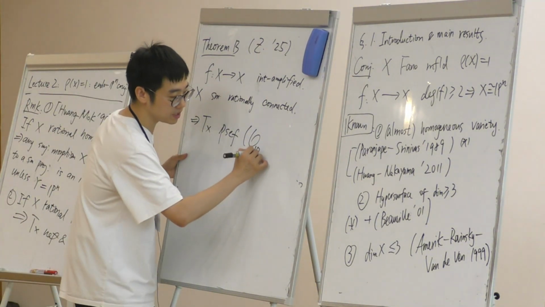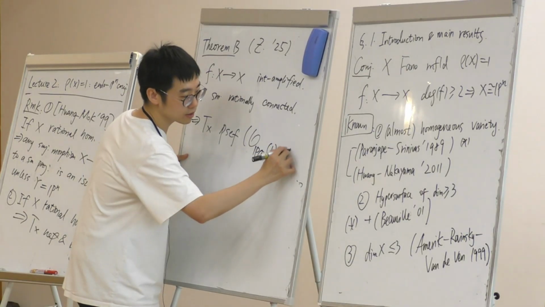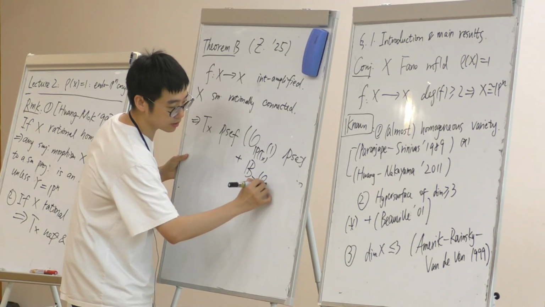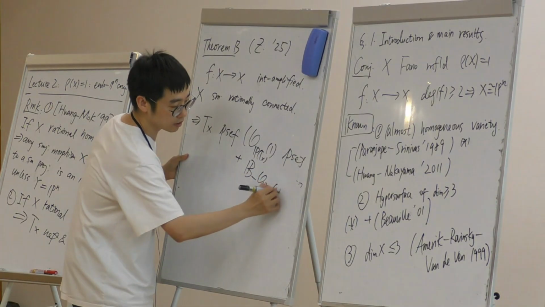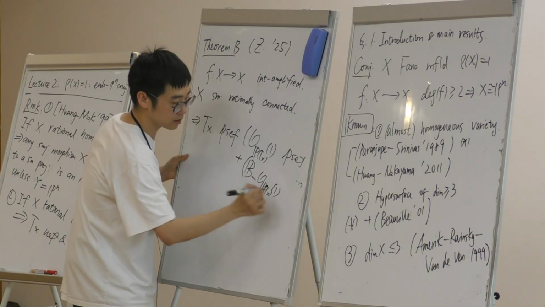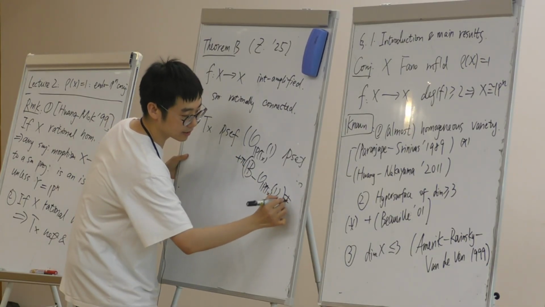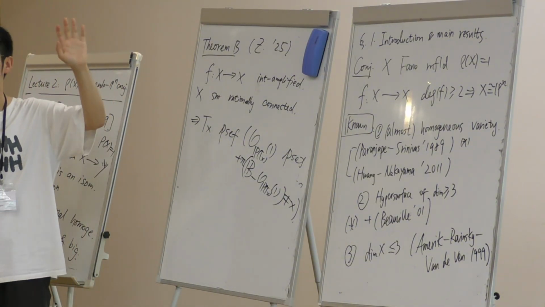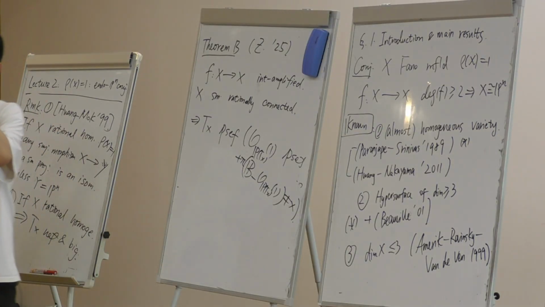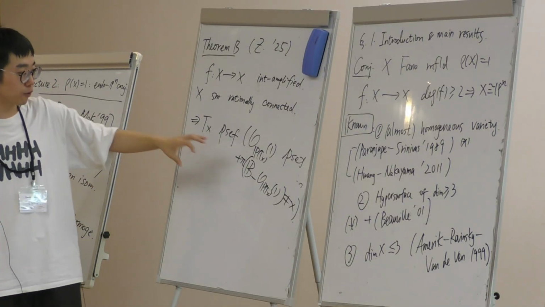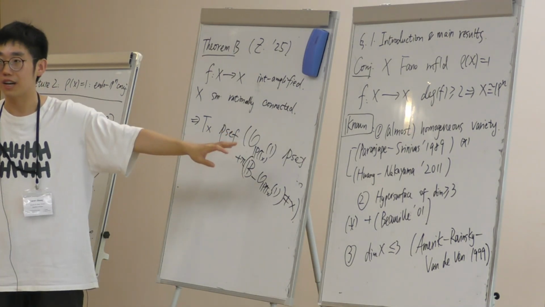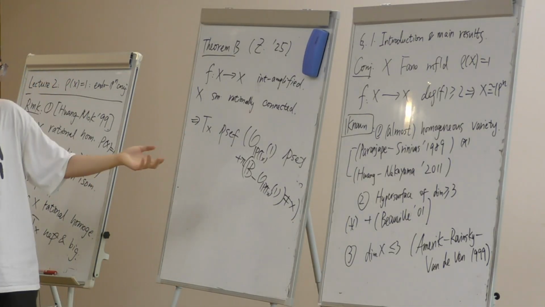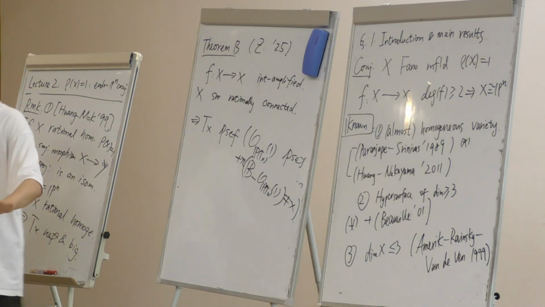It means that on P(T_X), the tautological line bundle is pseudo-effective, plus its restricted base locus does not dominate X, where pi is the projection from the Grothendieck projectivization of the tangent bundle to X. So in addition to the tautological line bundle being pseudo-effective, we also require that the restricted base locus does not dominate the whole X.